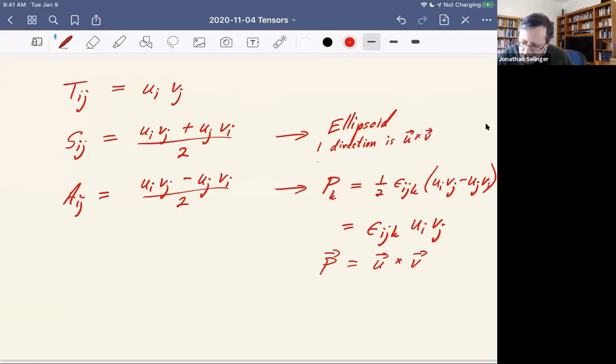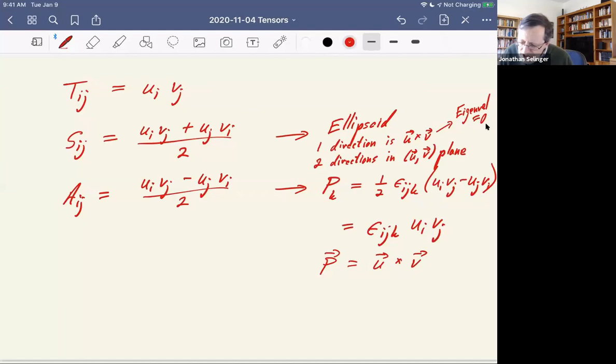And the other 2 directions are in the UV plane. This direction has an eigenvalue of 0.